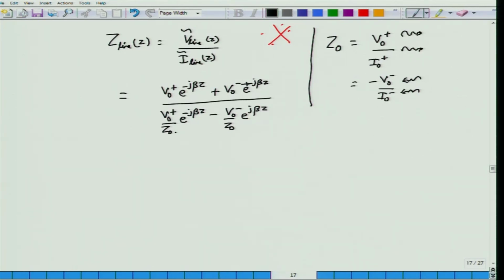You can then substitute for V0 minus as gamma L times V0 plus, and substitute for gamma L as ZL minus Z0 divided by ZL plus Z0.